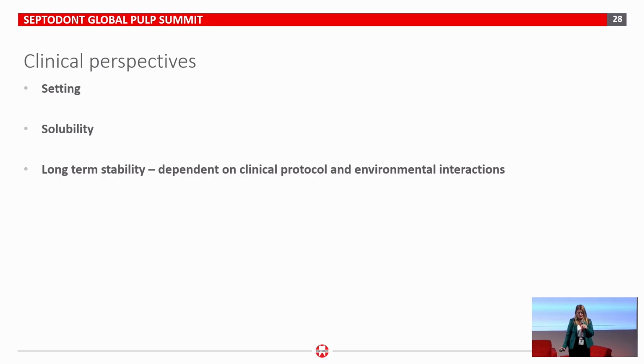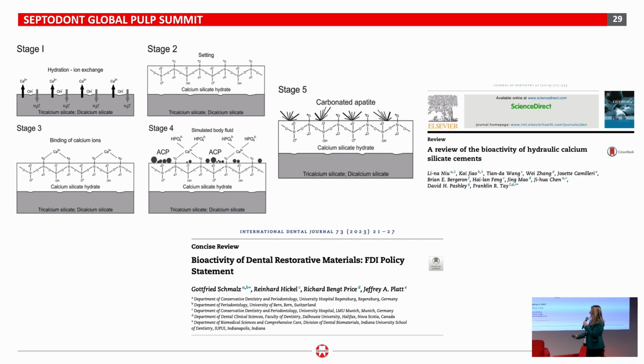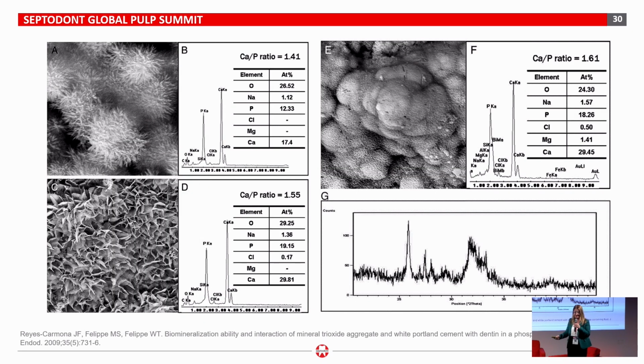The solubility is also very important, and also the long-term stability. This is a lot about bioactivity. I can stand here for days discussing bioactivity, but like I said, all that reaction happens only in the lab. These beautiful crystals that we've seen, the formation of the calcium phosphate on top of the material surface, again, happens only in the lab.